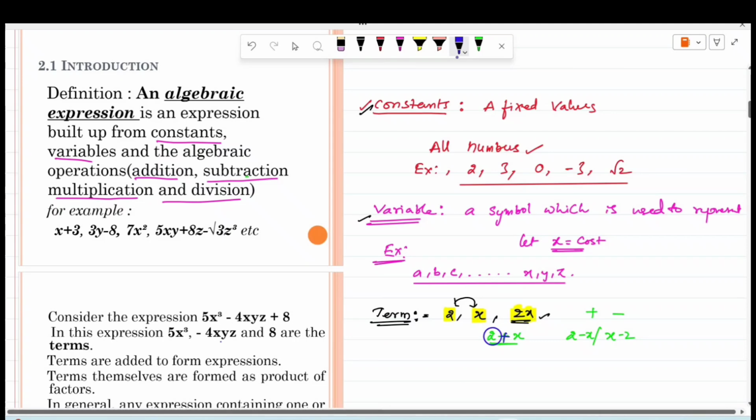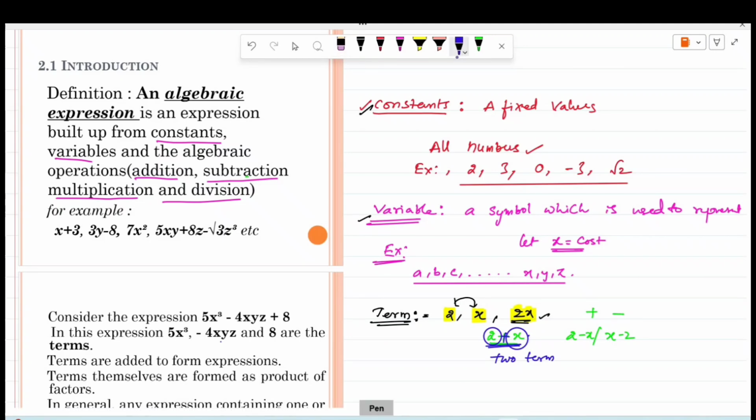This is a single term and this is also a single term. So this becomes two terms. If I write one more plus and any number, it will be one more term. It depends on the number of plus symbols and minus symbols that are there.